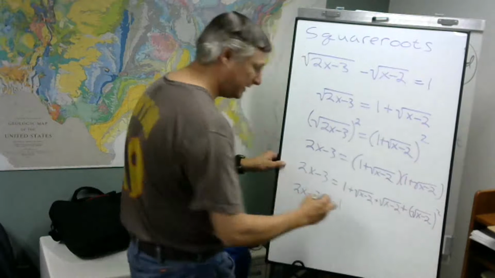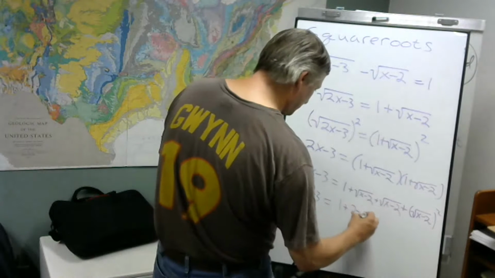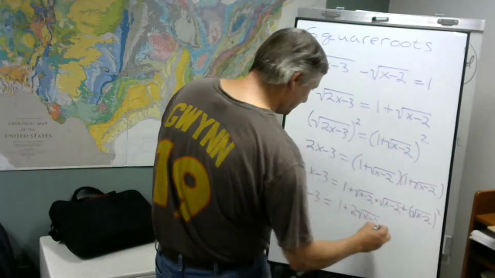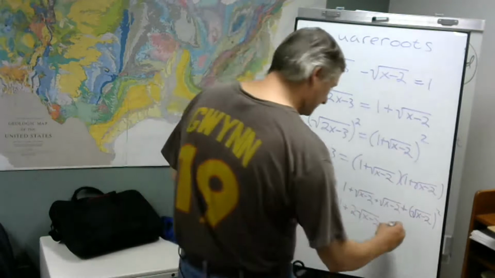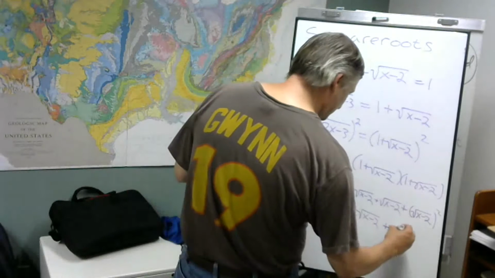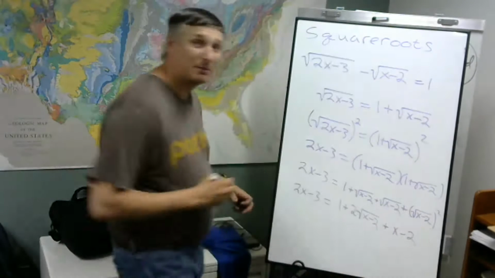And then there's 2 of these, so we get. And then this square and square root cancel. We just get x minus 2.